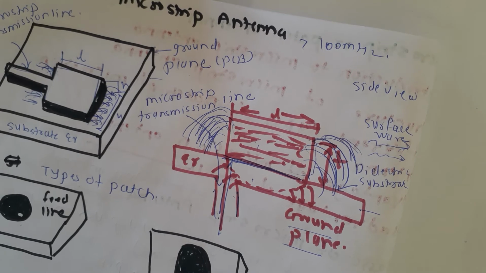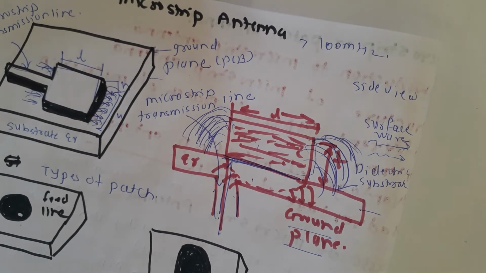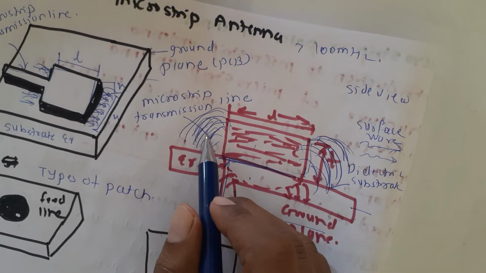Therefore, this antenna is considered to be very inefficient, and it behaves more like a cavity rather than a radiator. Actually, this is a non-efficient antenna because it works only as this type of cavity.